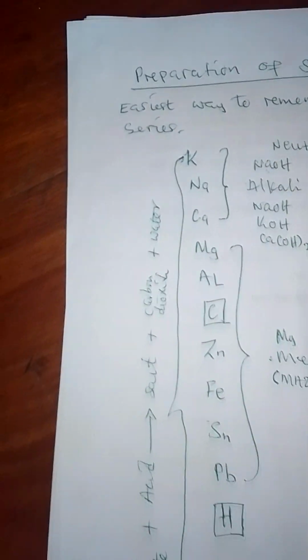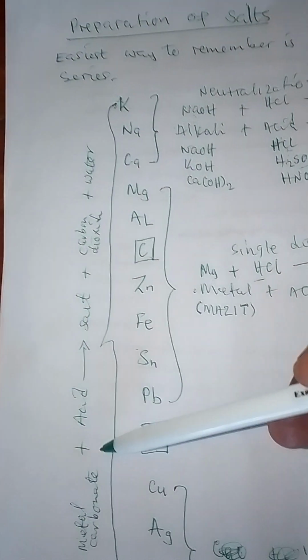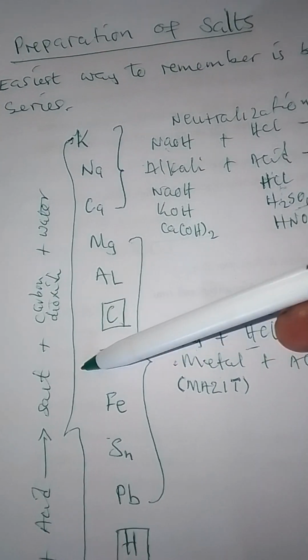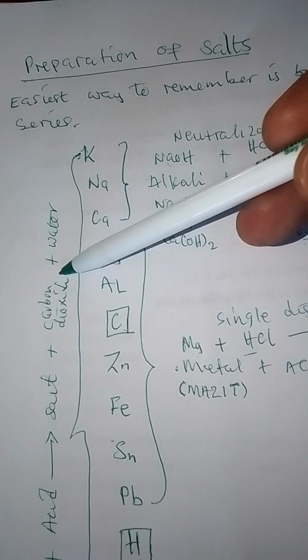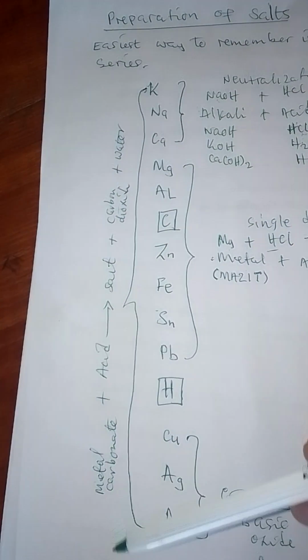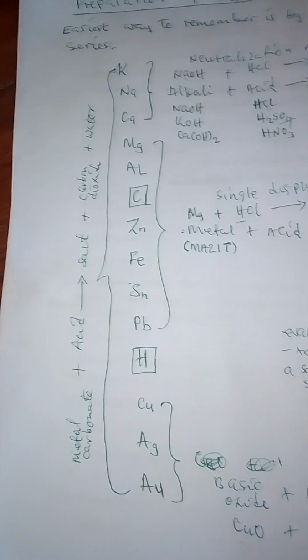Remember that chemical reaction, I say, is the only one that produces 3 products: salt, carbon dioxide, and water. This one, you can use it for any metal.